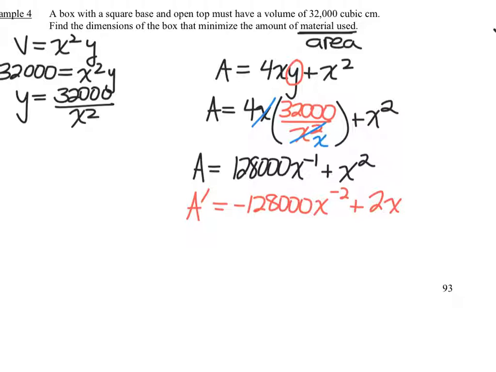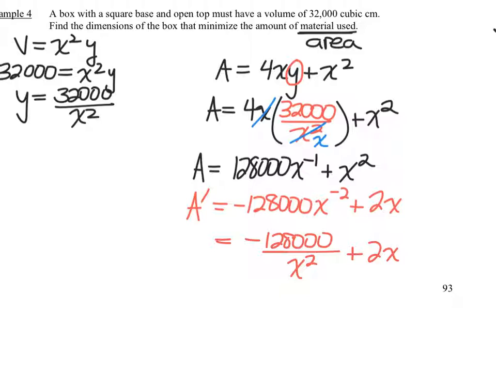If you want, you can also clear it out by multiplying by x squared, but you may not necessarily see that, at least in the early going. So you could write it as negative 128,000 over x squared plus 2x. Either form is fine.